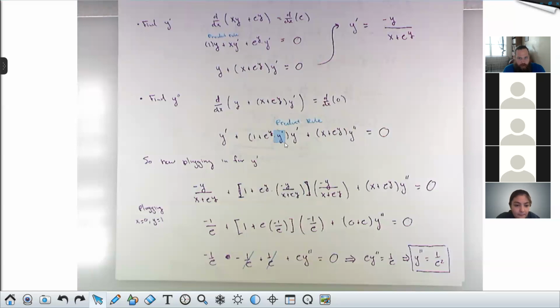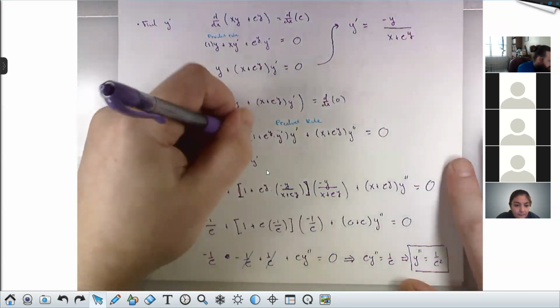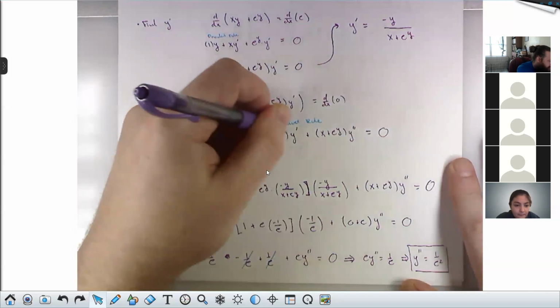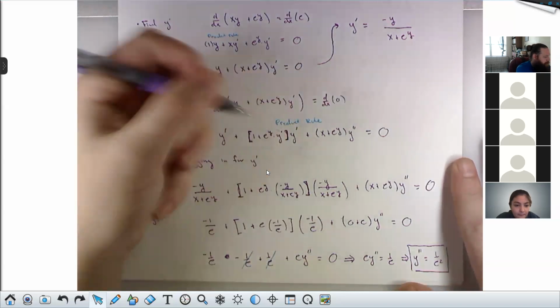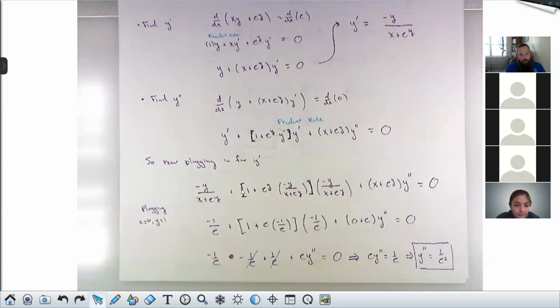Yeah, so this y prime right here is this negative y over x plus e to the y. And this y prime right here is this negative y over x plus e to the y. So the second y prime is outside the brackets. Let me convert these to brackets because that way they match the next line. That might help see where everything's coming from. This one is this one.